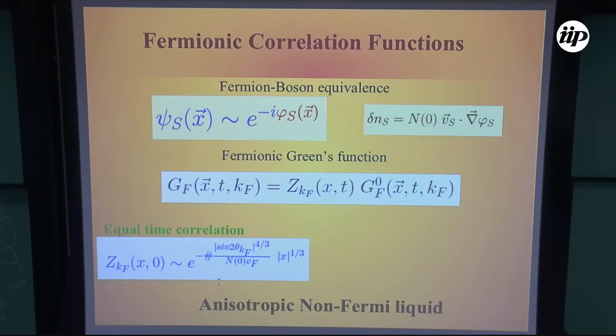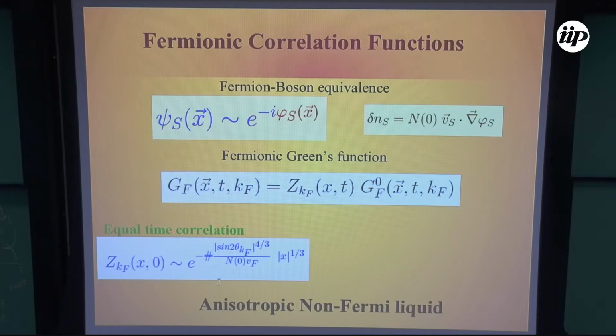We tried to compute fermionic correlation functions, and of course, you need to map fermions into bosons. So you have this mapping here. The fermion in each patch is an exponential of these bosons, and remember that these bosons are parameterizing the deformation of the density of the Fermi surface.